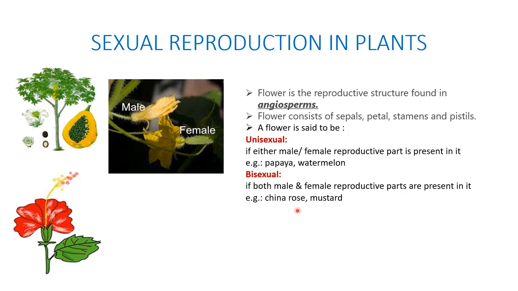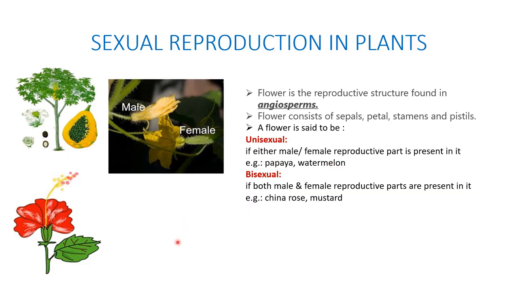Examples are China rose and mustard. What do you mean by a unisexual flower? Here you can see this is the male flower, that means this flower possesses only the male reproductive parts, and this is the female flower which possesses only the female reproductive parts, right? The examples are papaya and watermelon.